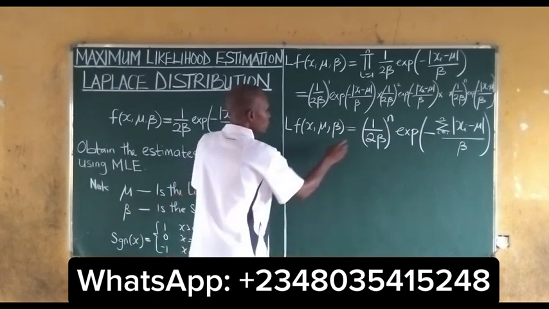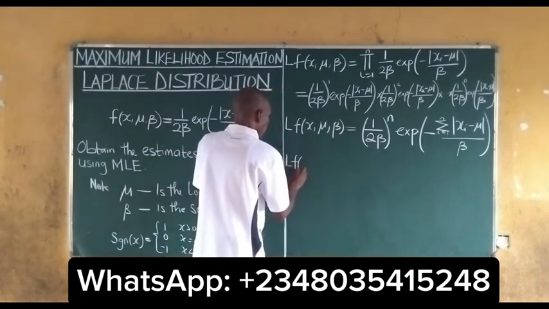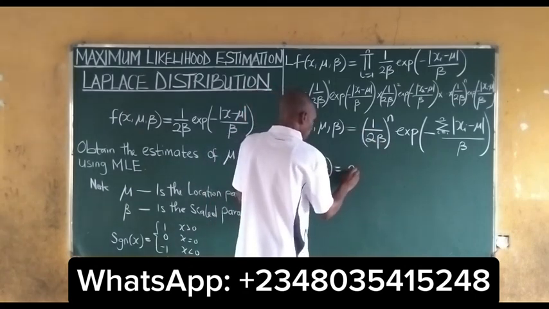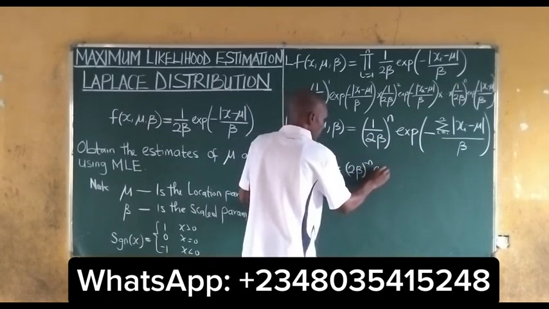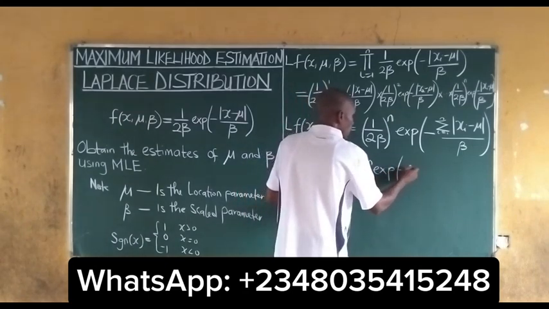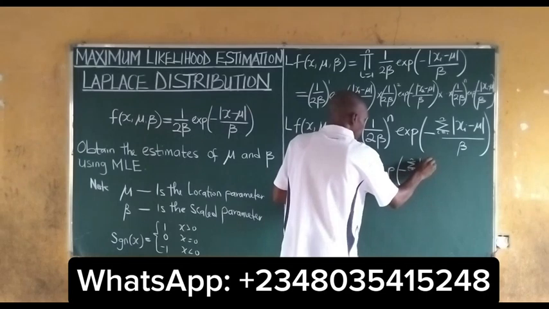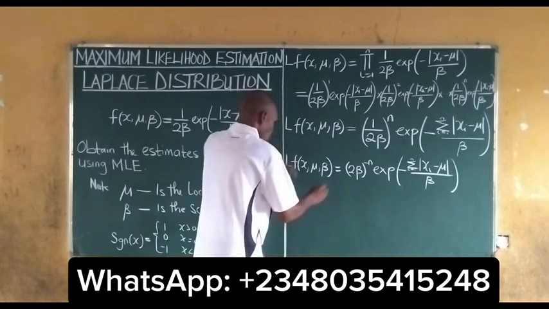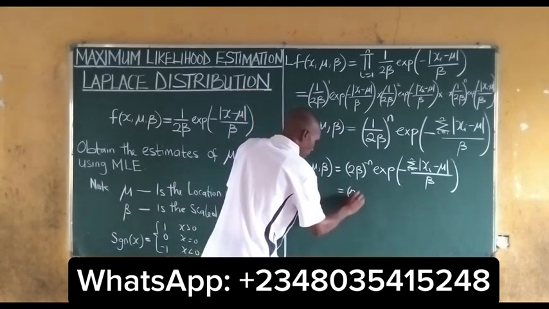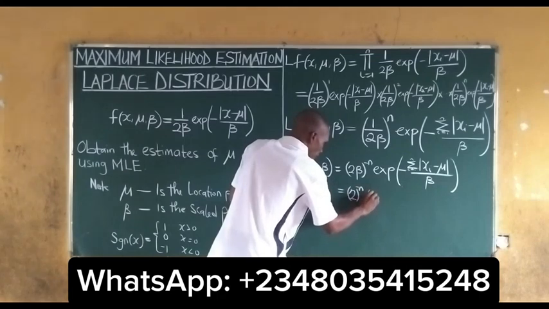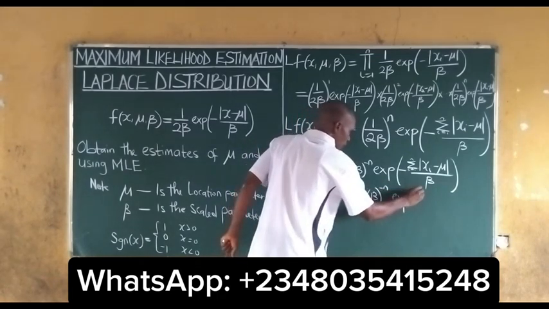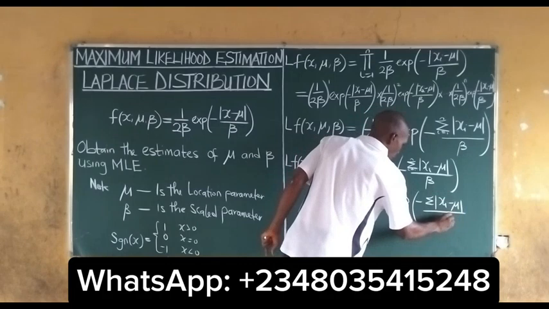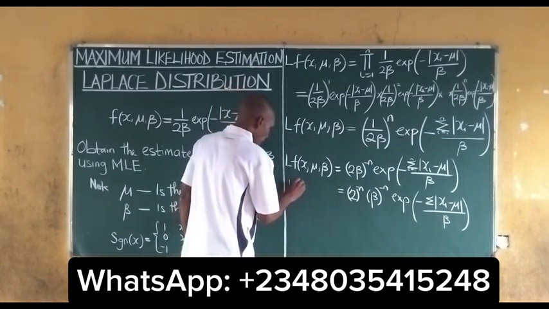So we rewrite the likelihood function of x as 2 beta raised to the power of minus n, exponential negative summation of i running from 1 to n of xi minus mu over beta, which can also be written as 2 raised to the power of minus n multiplied by beta raised to the power of minus n, exponential negative summation of xi minus mu over beta. So this is what we get as our likelihood function.